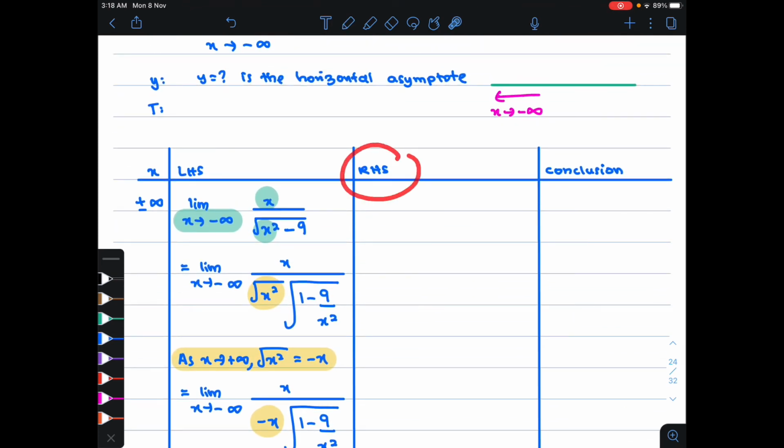Let's do the same thing for the right-hand side. As x approaching the right-hand side, x is approaching positive infinity, and hence this is limit of x over square root of x squared minus 9 as x approaching positive infinity.